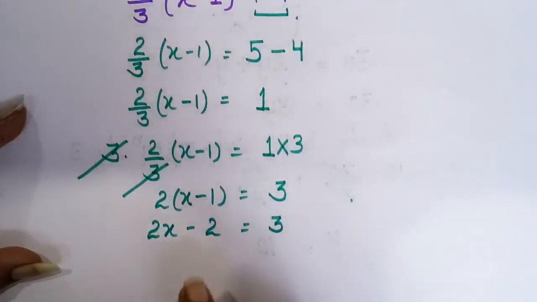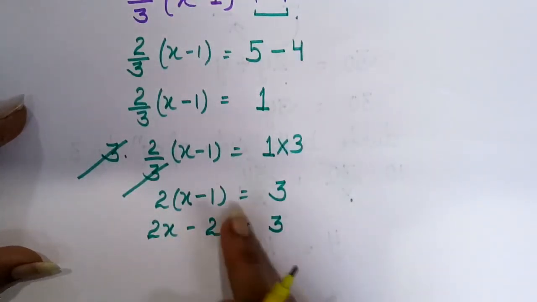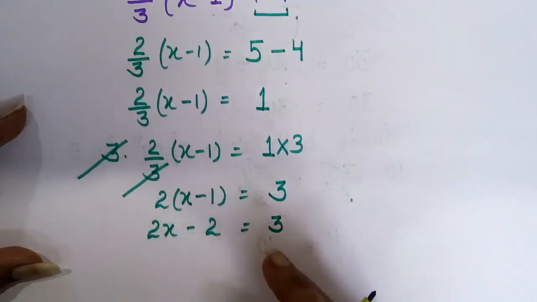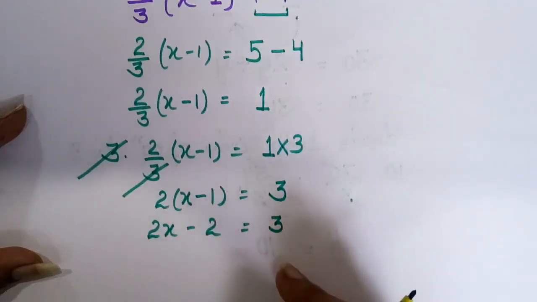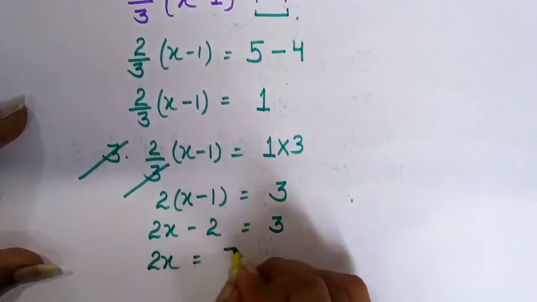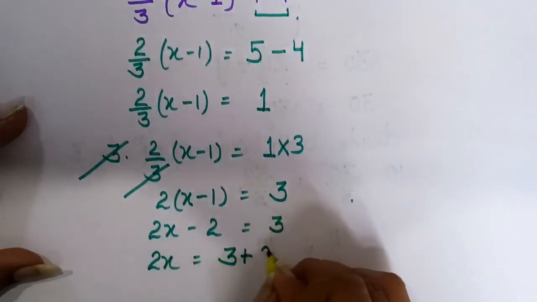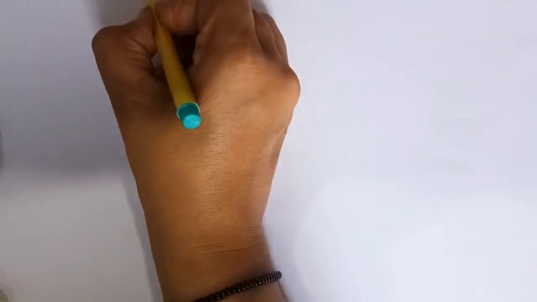Now again we have to shift the constant on one side. So minus 2 is shifted to the right hand side. As a result, negative sign changes into positive. So 2x is equal to 3 plus 2. So 2x is equal to 5.